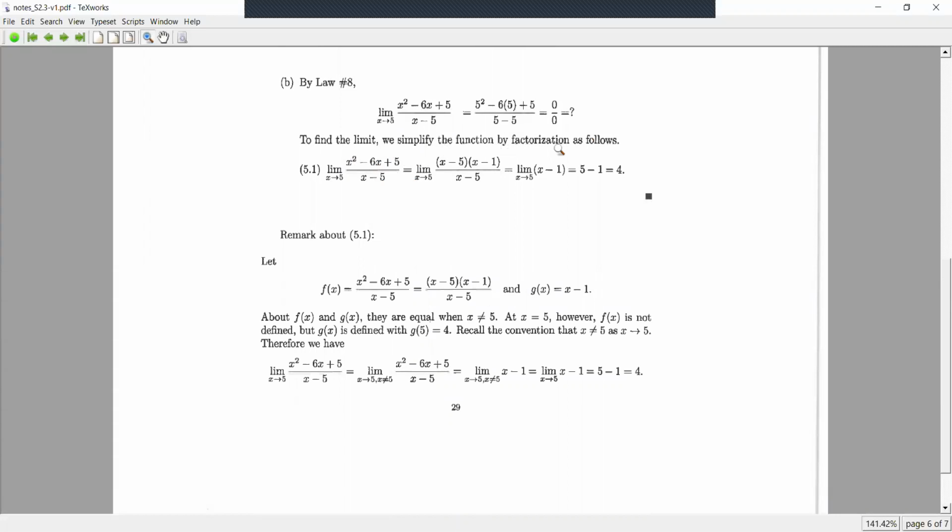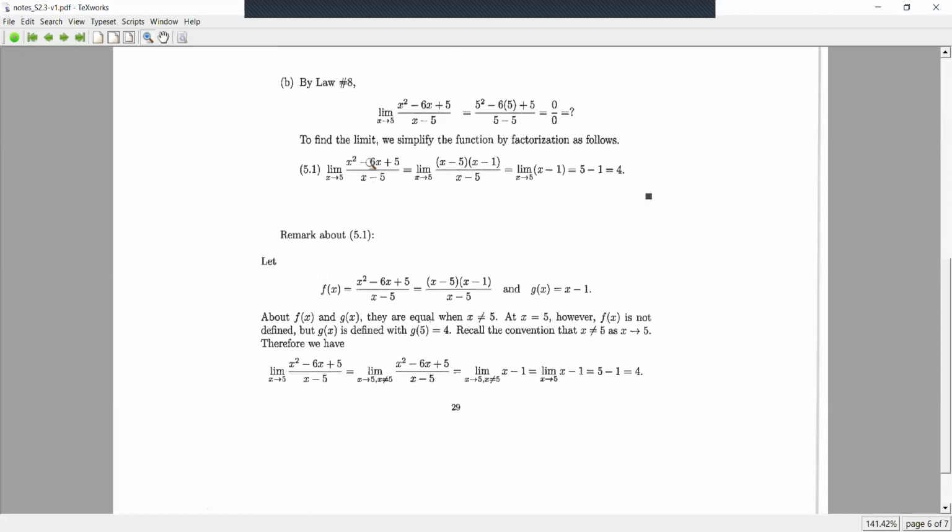By factorization. We factor the polynomial in the numerator as x minus 5 times x minus 1. Then cancel x minus 5 from the numerator and from the denominator.